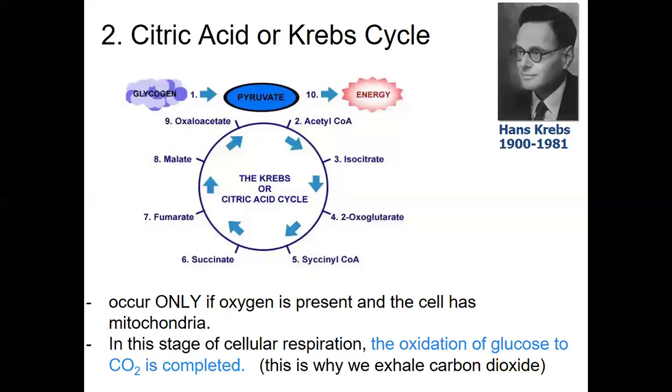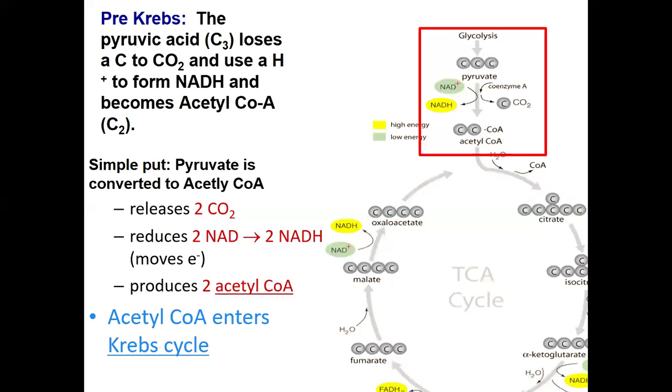So we have the acetyl-CoA moving from isocitrate, then from isocitrate to oxoglutarate to succinyl-CoA to succinate to fumarate to malate and then to oxaloacetate. Like I said, the pyruvate is converted to acetyl-CoA.